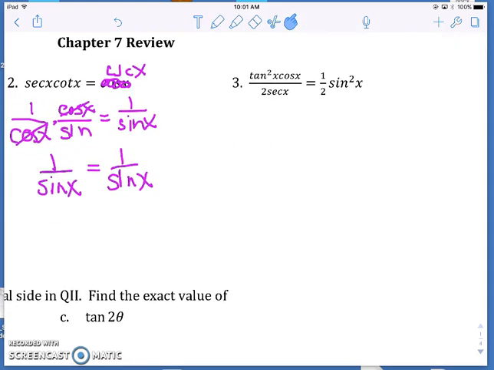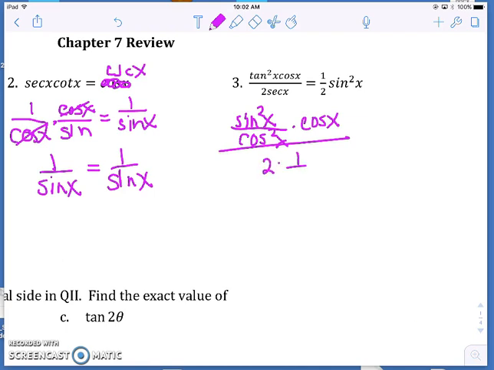So this third one here, let's see, tan squared. So that would be sine squared of x over cosine squared of x, times the cosine of x, over 2 times 1 over the cosine of x, equals 1 over 1/2 sine squared of x. So first thing I noticed, this cosine.